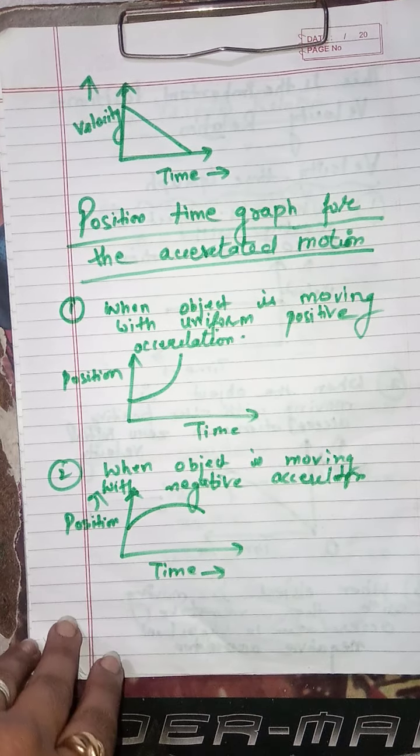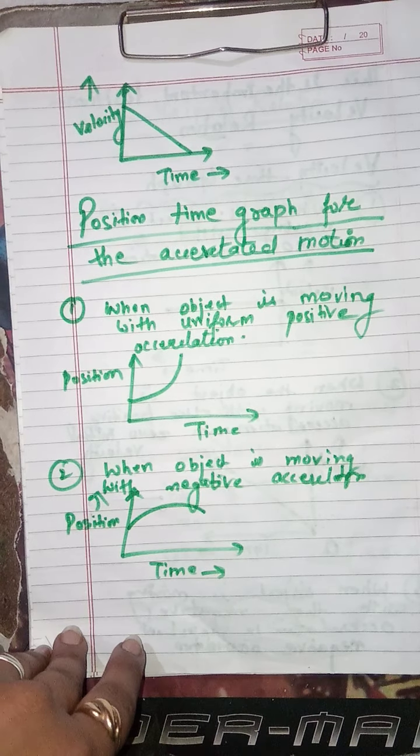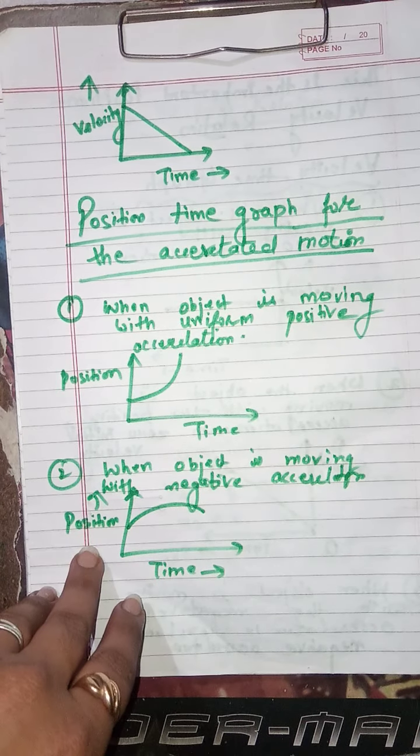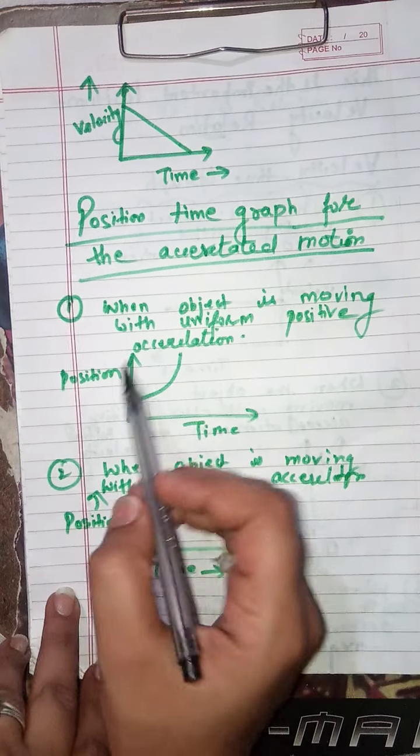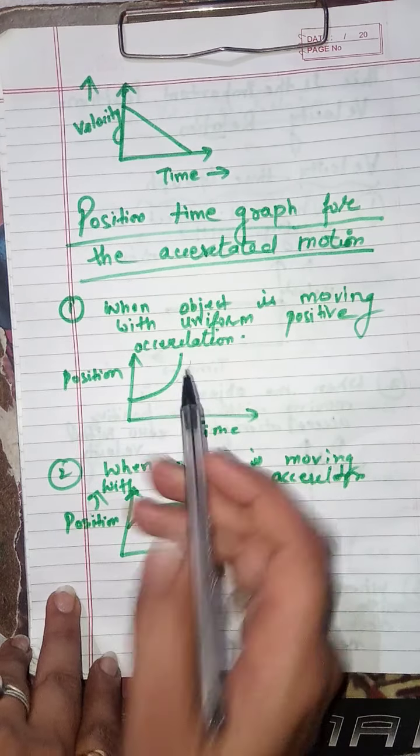The next thing is, what are the position time graphs for accelerated motion? When the object is moving with uniform positive acceleration, then the position time graph is given by this.